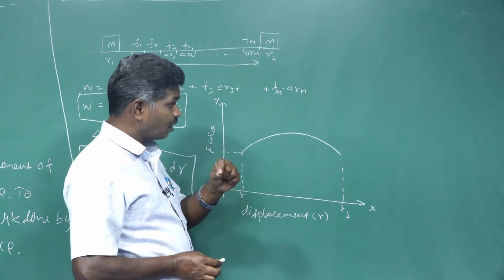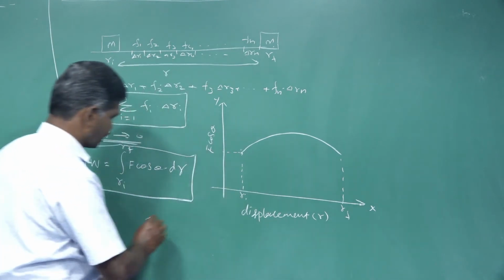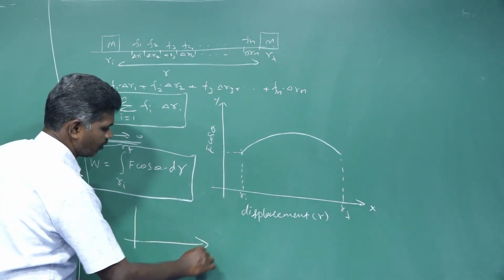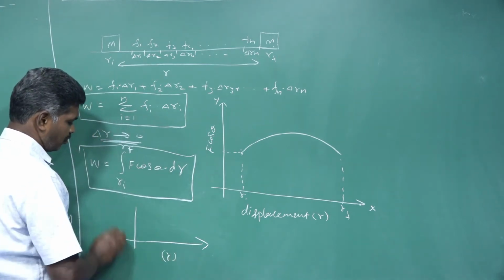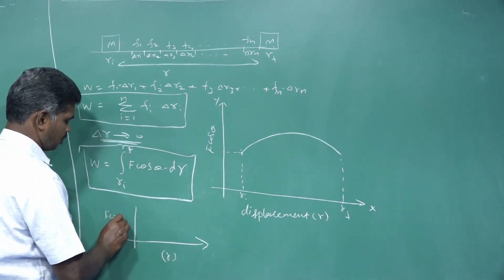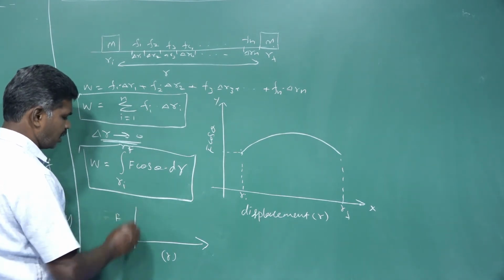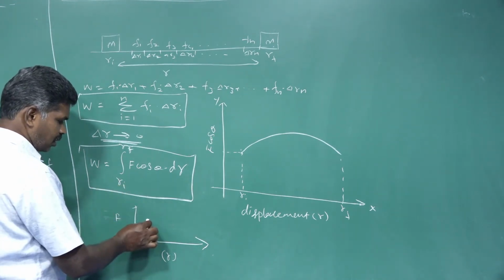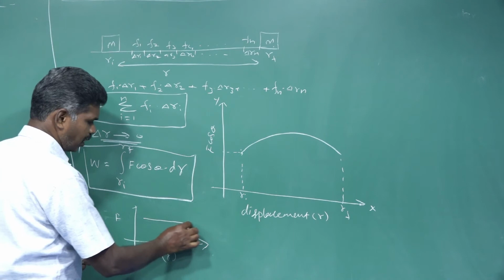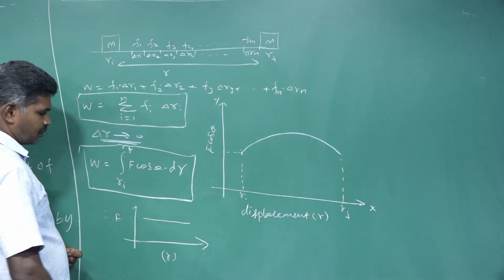Suppose it is the work done by a constant force. Displacement is taken on the x-axis and the force F cos theta on the y-axis; for a constant force it can be taken as F. The work done by a constant force means the force line is parallel to the x-axis.